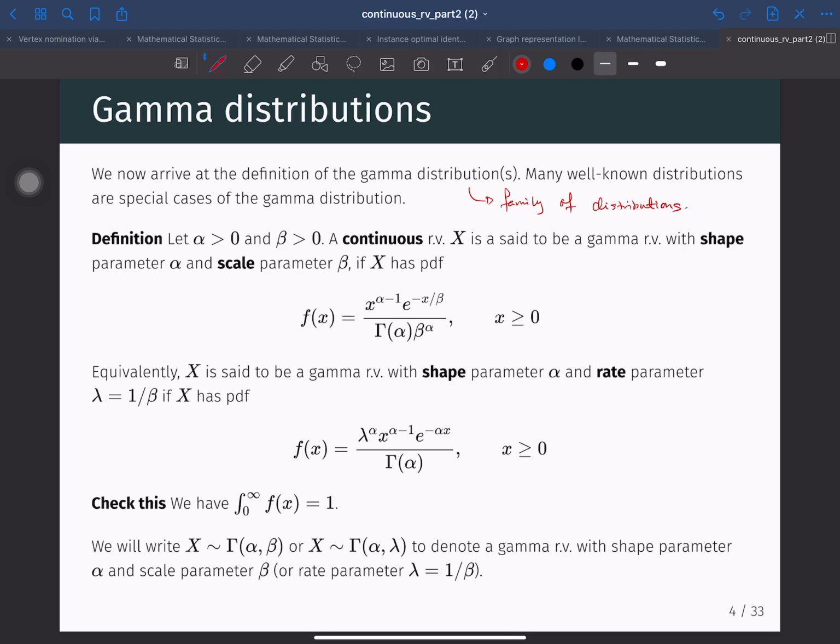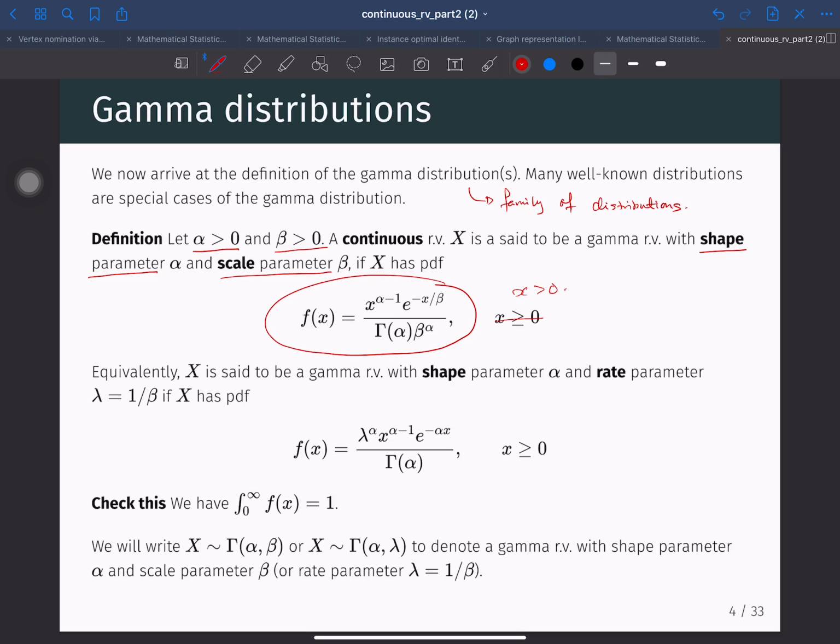And this family is characterized by two parameters: alpha, which is known as the shape parameter, and beta, which is known as the scale parameter. So a continuous random variable x is said to be a gamma random variable with parameters alpha and beta if it has the PDF given here. And this PDF can be defined for x bigger than 0. So equality to 0 doesn't really matter.